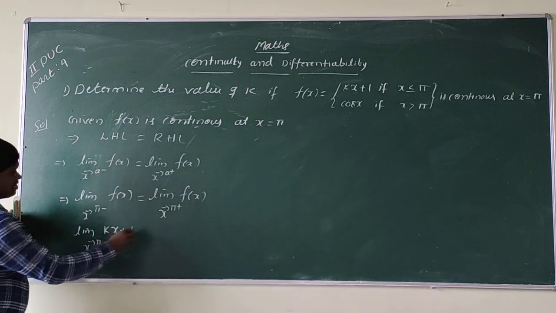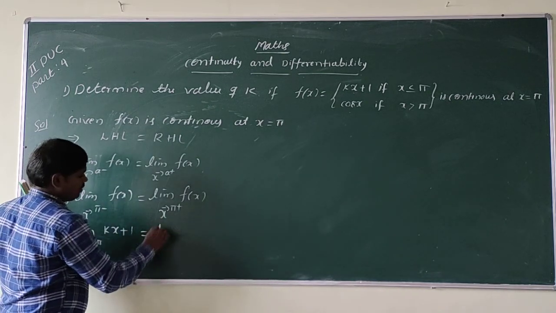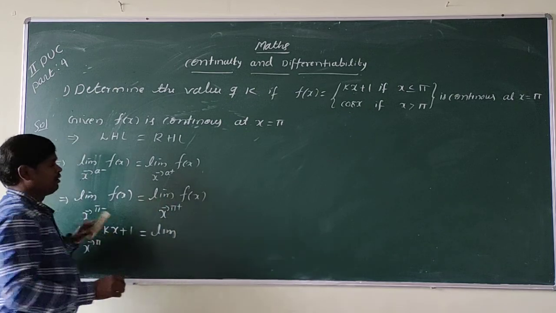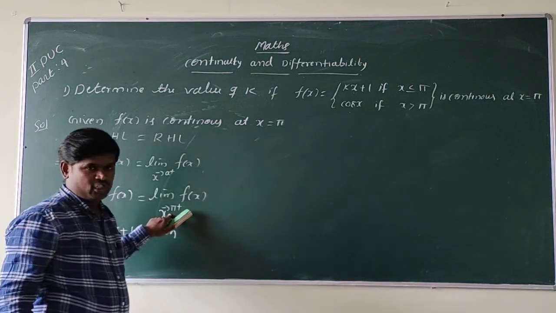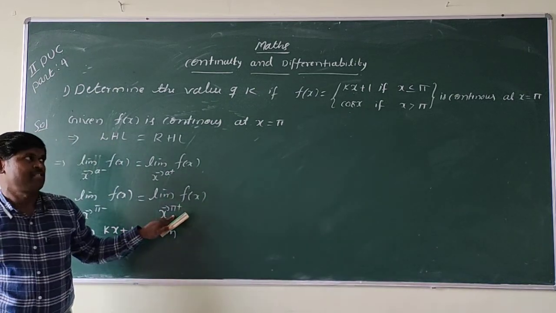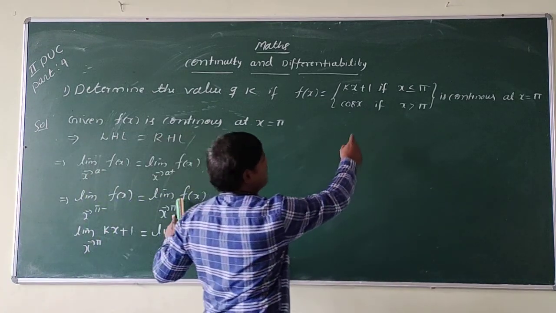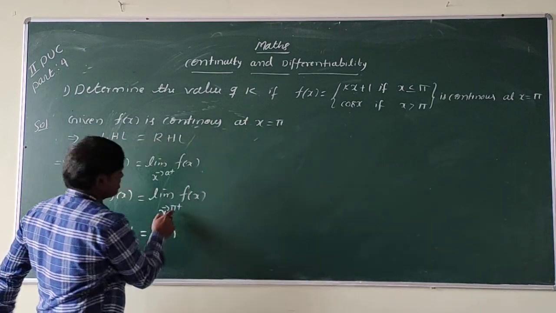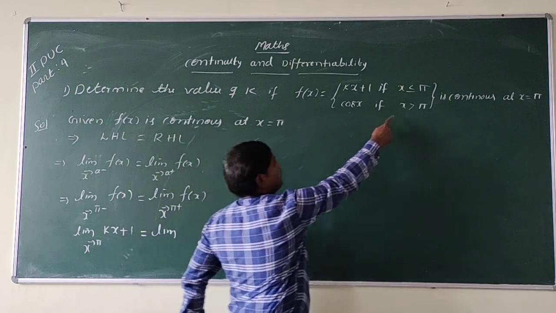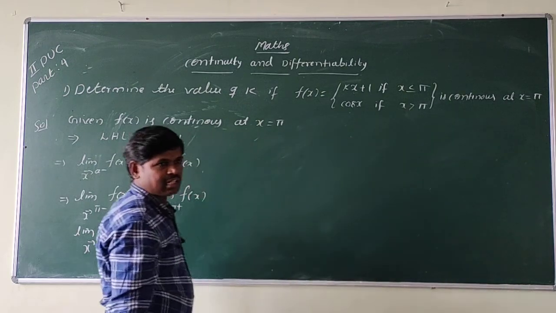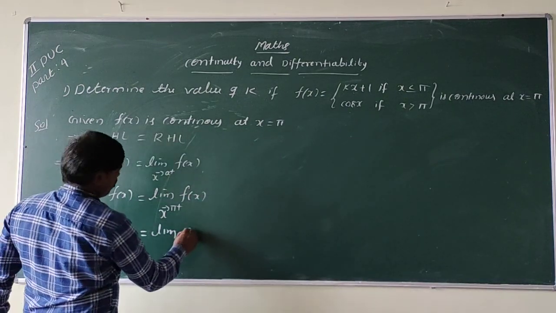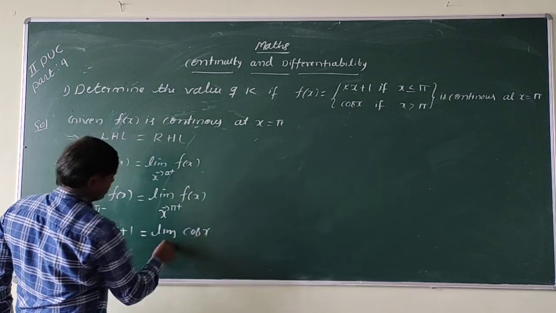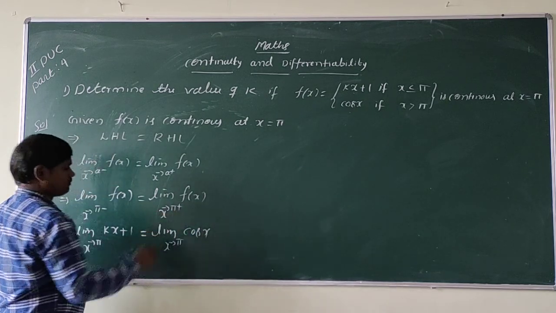This is equal to limit where x tends to pi plus, that means the value of x is greater than pi, so we take cos x as x tends to pi.